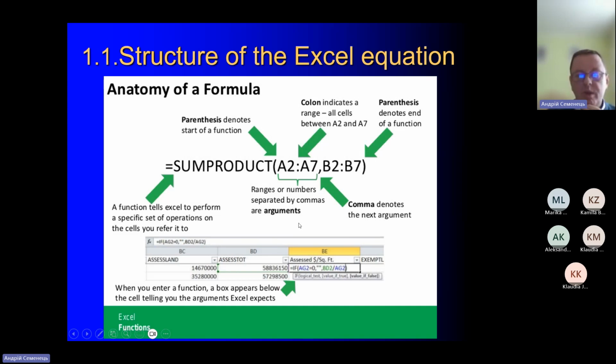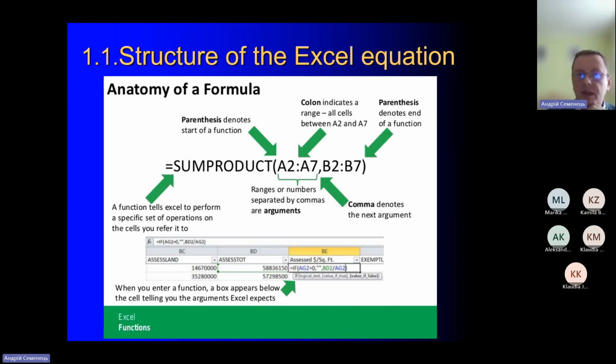And by extending, we can add additional kinds of arguments because some more complex functions require more complex arguments. Like in this case, we have a function which requires arrays of arguments, or ranges, to be provided. As you can see, they are separated by a colon. And multiple arguments of the same function are usually separated by a comma.